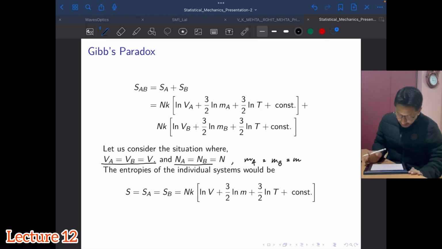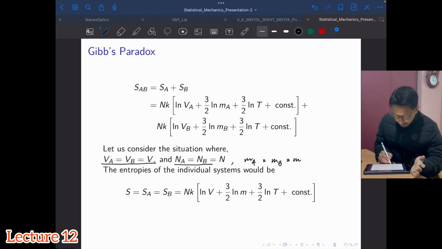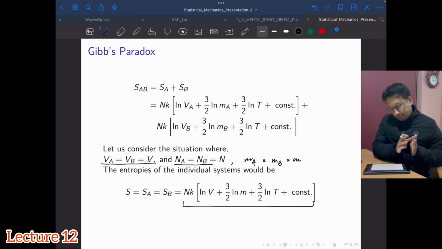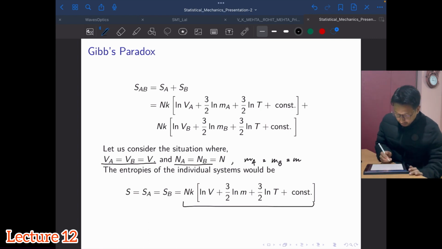Now the expression for the entropy of both systems becomes the same, with no subscript A or B. So the total entropy must be twice this.